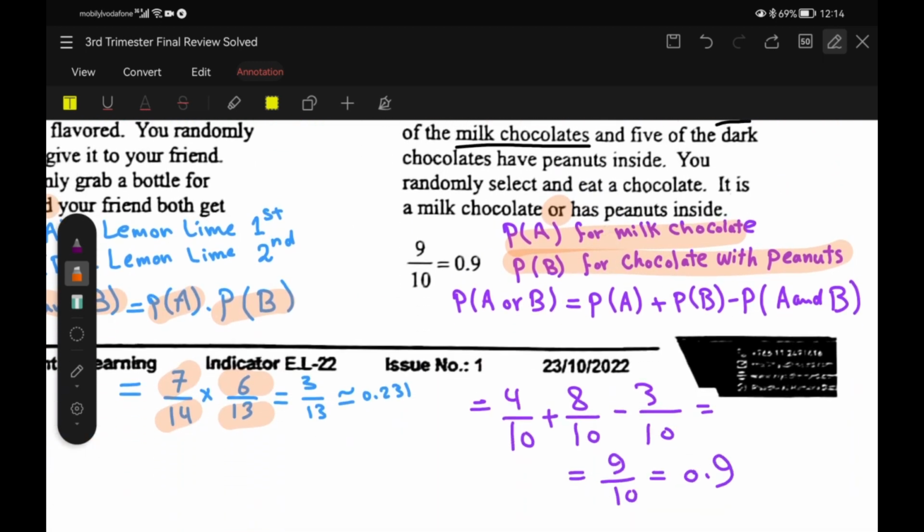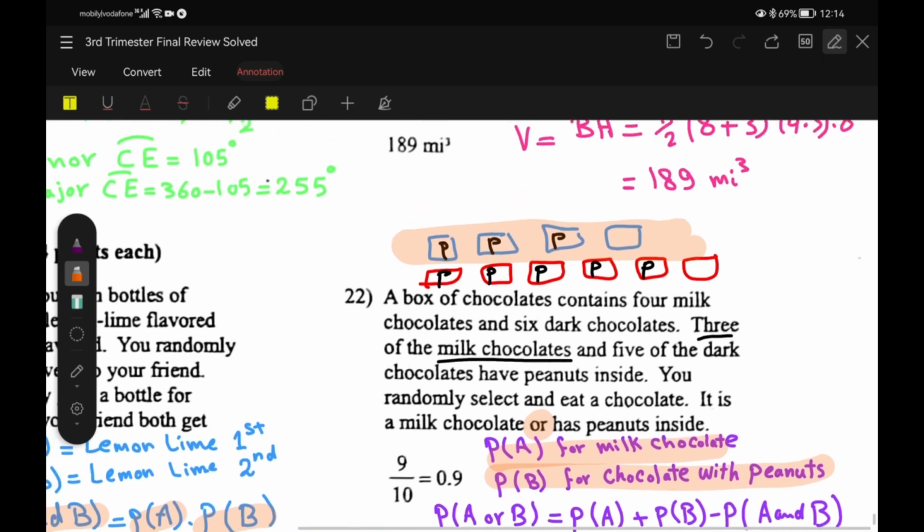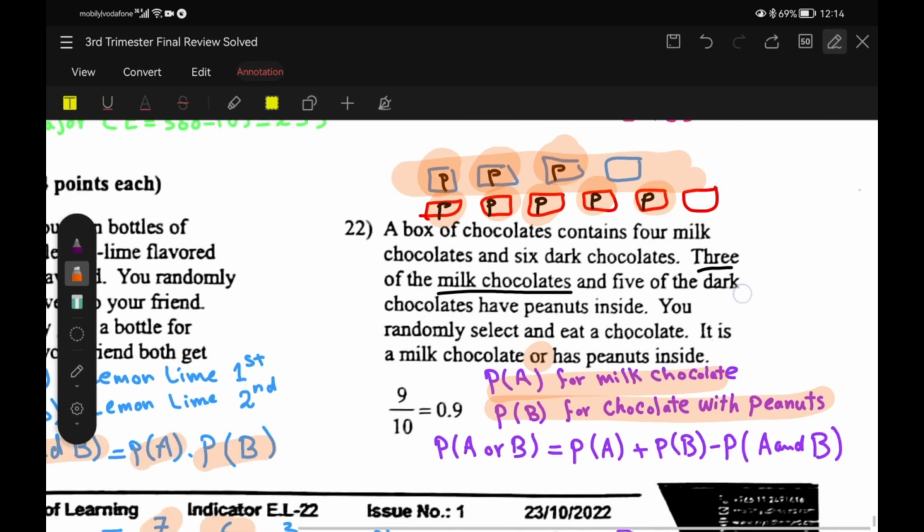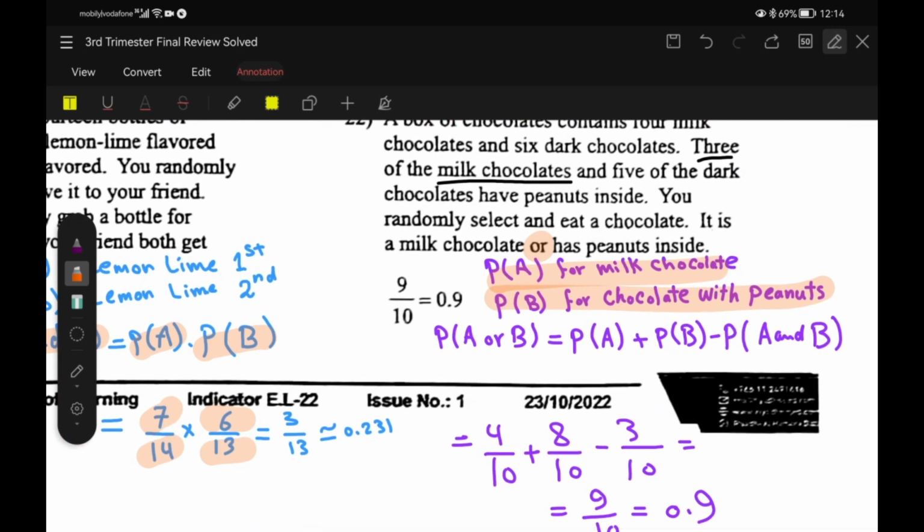The probability of getting a chocolate with peanuts, let's count them. This is the first one, the second, third, fourth, fifth, sixth, seventh, eighth. So we have 8 out of 10, minus the probability of A and B. A and B means milk chocolate with peanuts.